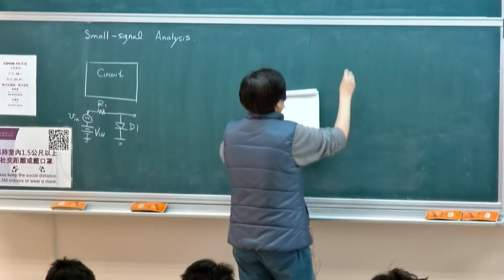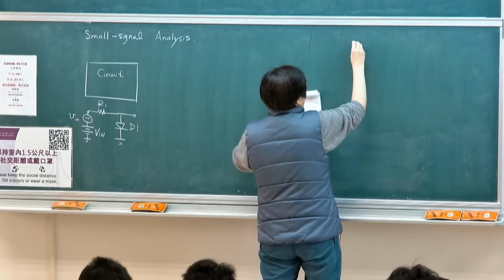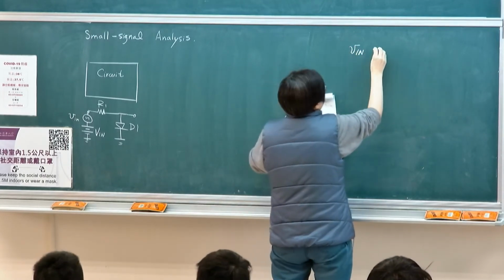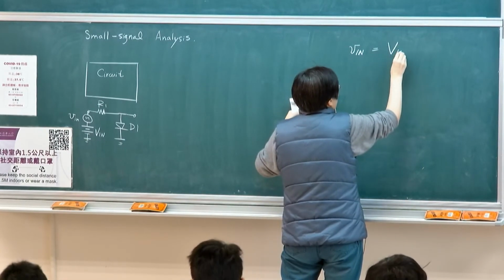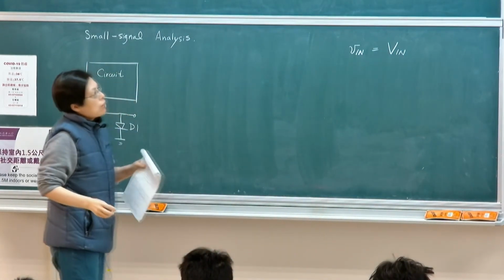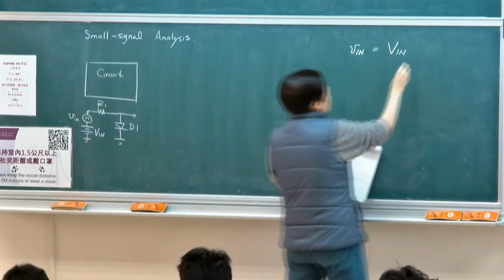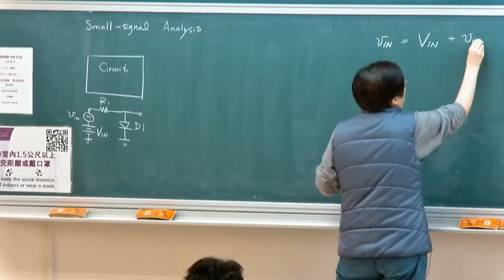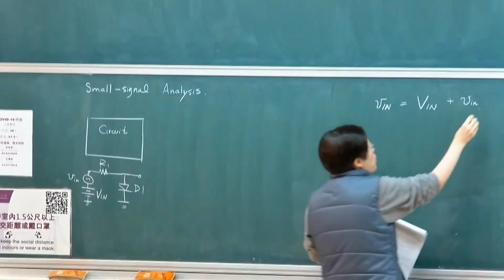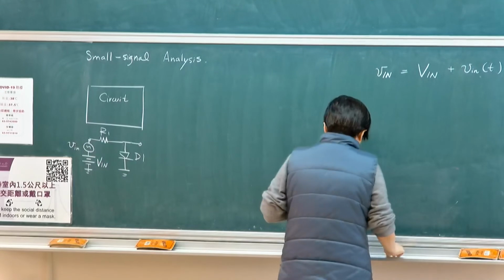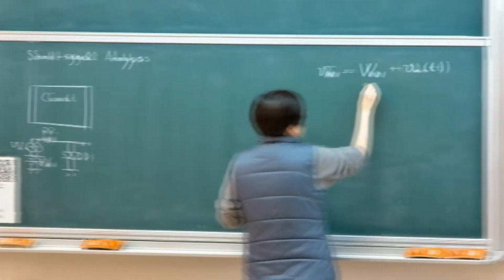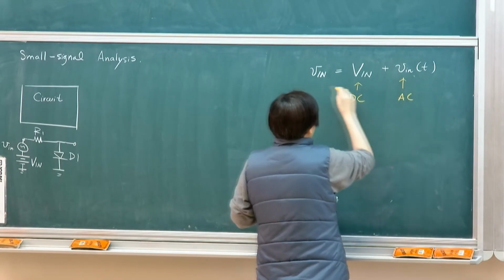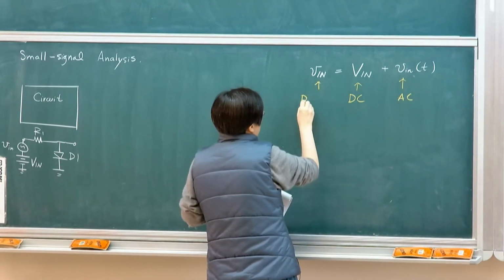So for small signal analysis, we define v_in: capital letters for the DC component, and small letters for all AC components. So this will be the DC, this will be my AC signal, and this is the overall AC plus DC.